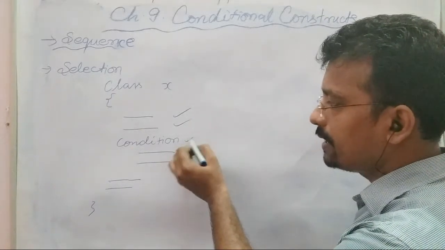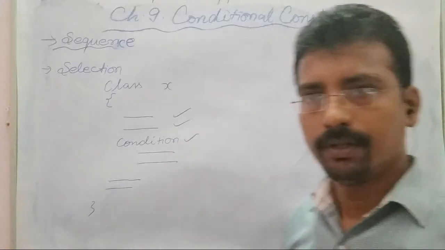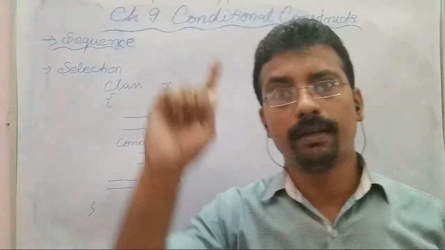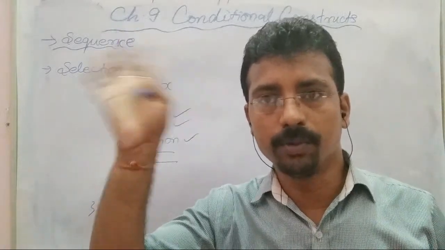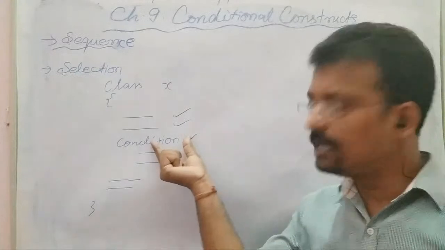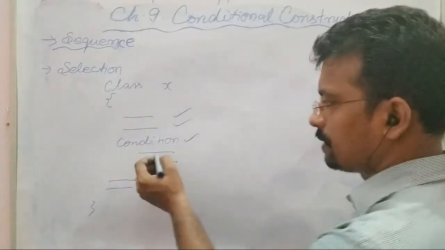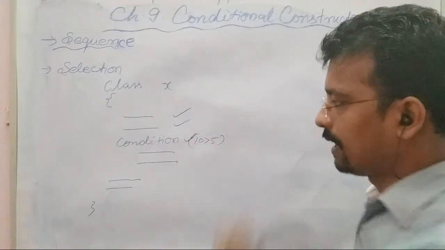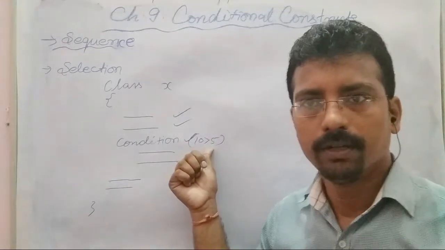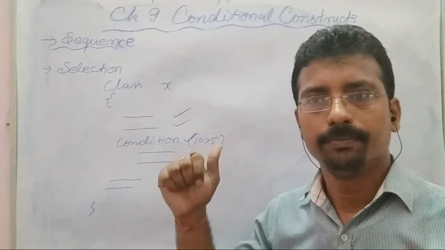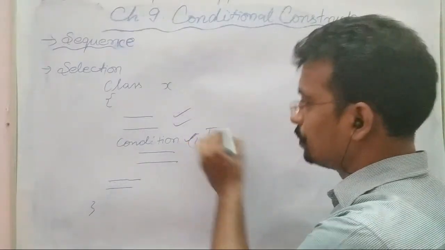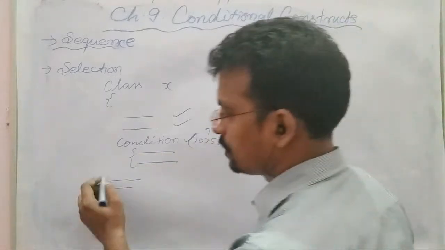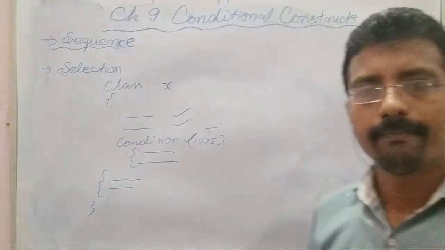When a condition is encountered, means when Java gets a condition, condition means relational operator use, logical operator use, I told earlier. So when any condition is written, for example, suppose these two statements will execute when this statement gives a true result. Suppose this is the given condition. When this condition is true, these two statements will execute. Otherwise, these two statements will execute.